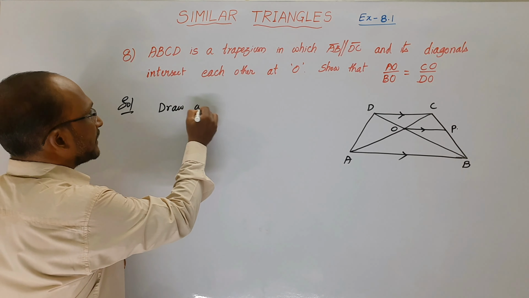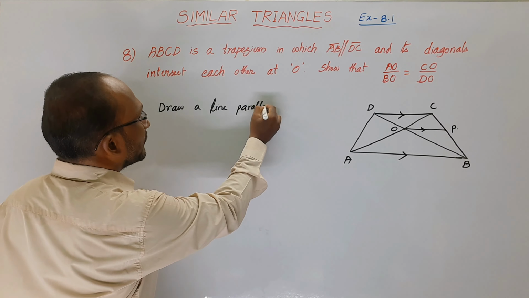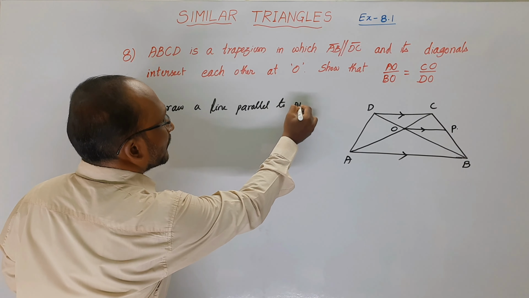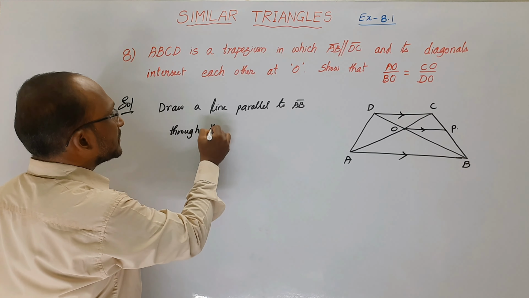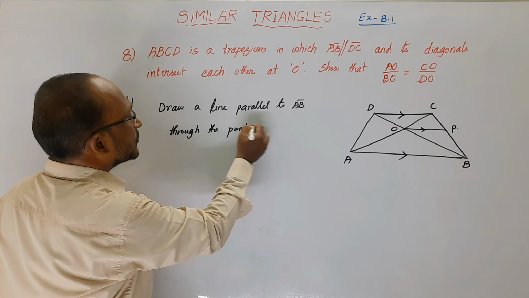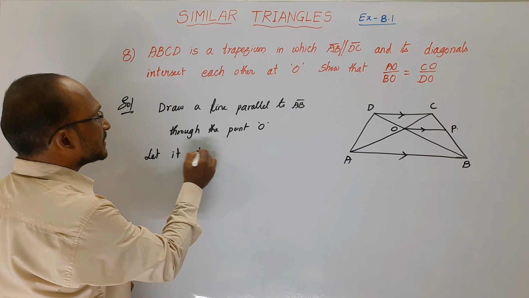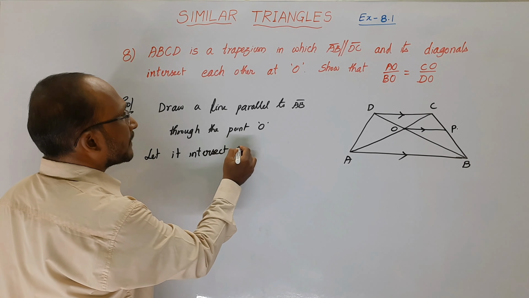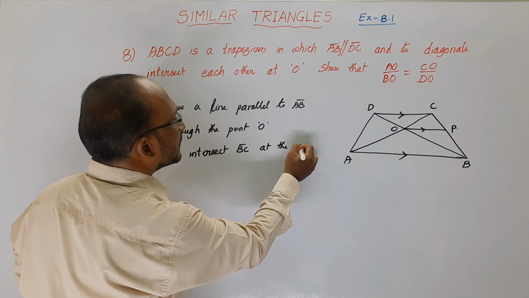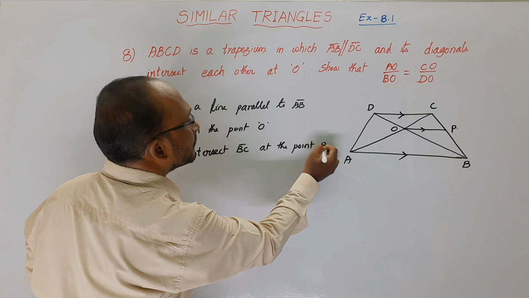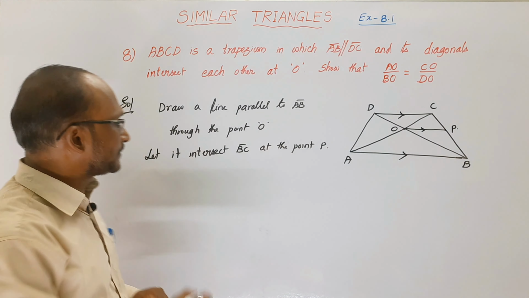Draw a line parallel to AB through the point O. Let it intersect BC at the point P.